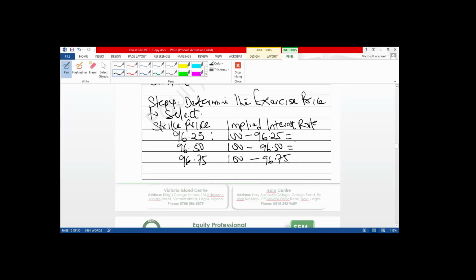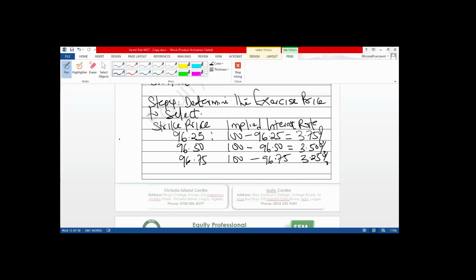Please work this out. 3.75%. 3.50%. 3.25%. I hope I'm correct. Correct, sir.